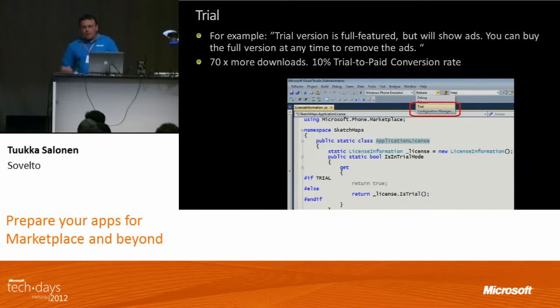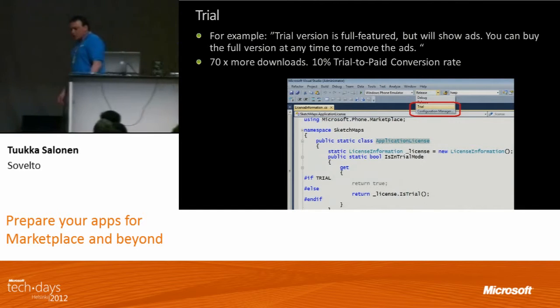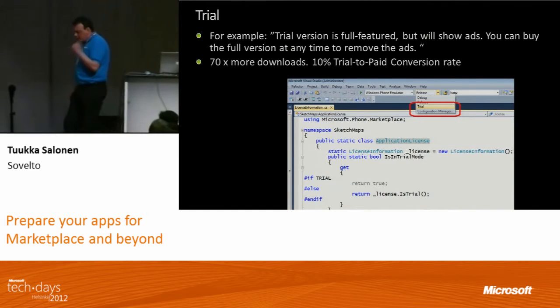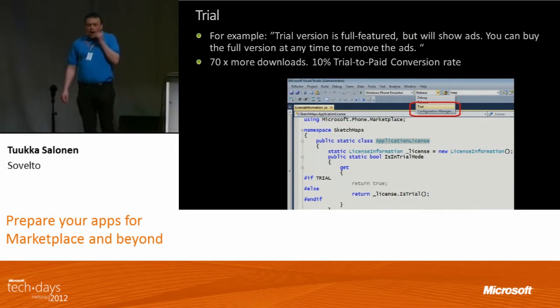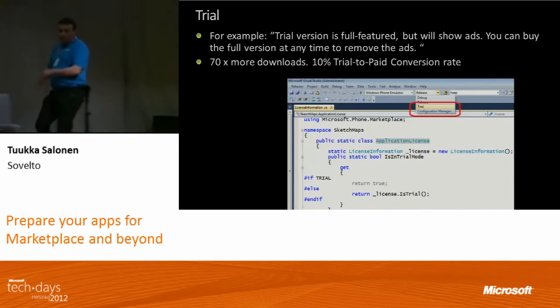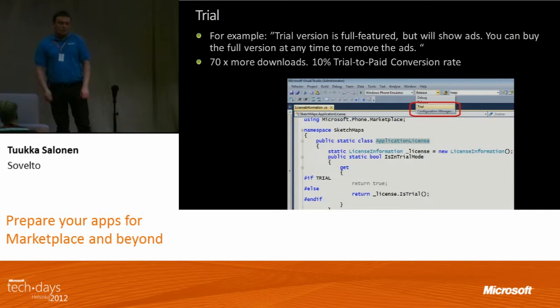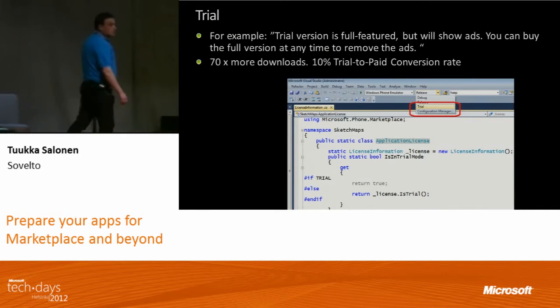So you can put a price tag on your application. Usually it's a very good idea to give a chance to try your application. And there's a very, very easy trial API. That's it. License information, it's true or false, whether it's the trial or whether it's purchased.